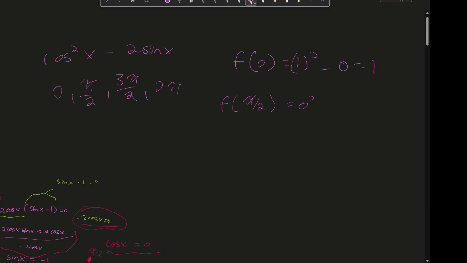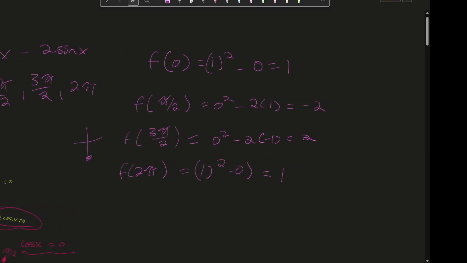So 0 squared minus 2 times 1, that's -2. 3 pi over 2, that's negative y-axis again on the unit circle, right down here. Cosine is 0, minus 2 times sine of 3 pi over 2, which is negative 1. So that's positive 2. 2 pi is just the same as 0 again: 1 squared minus 0 is equal to 1.